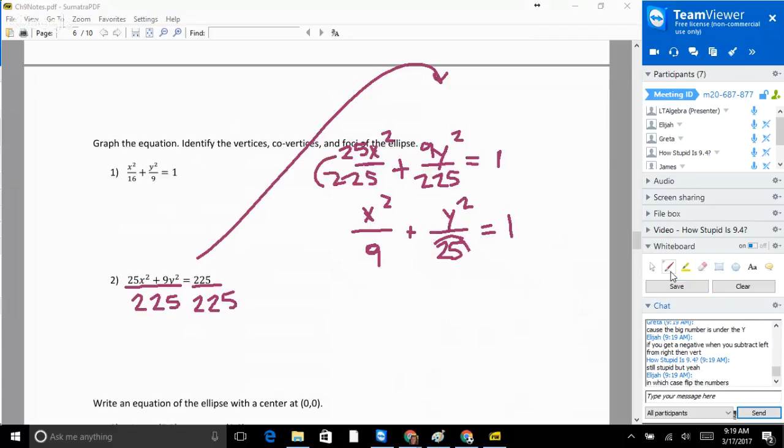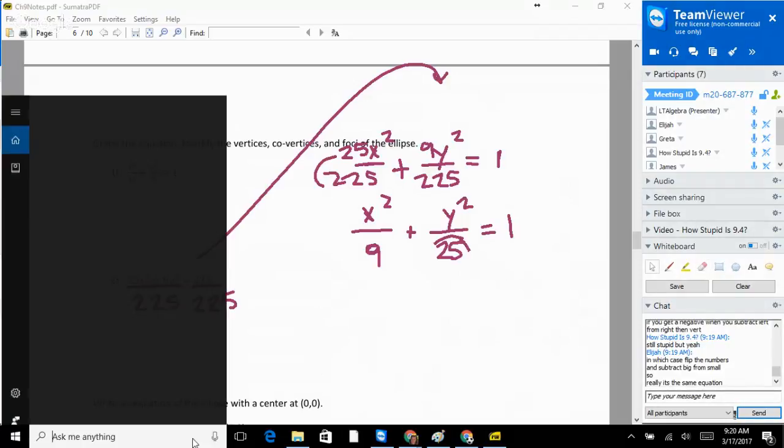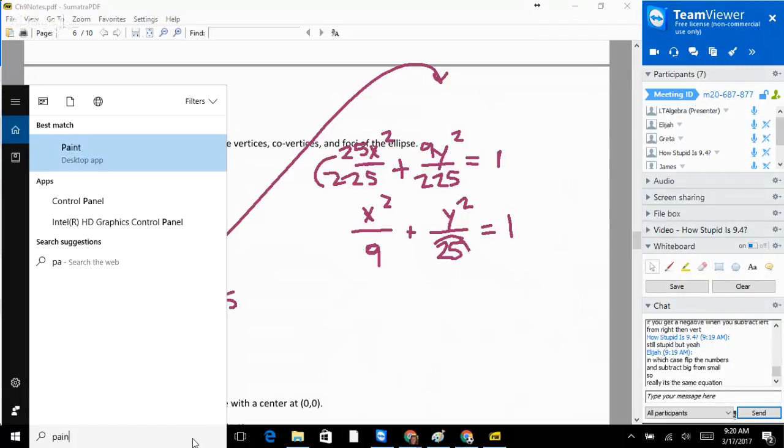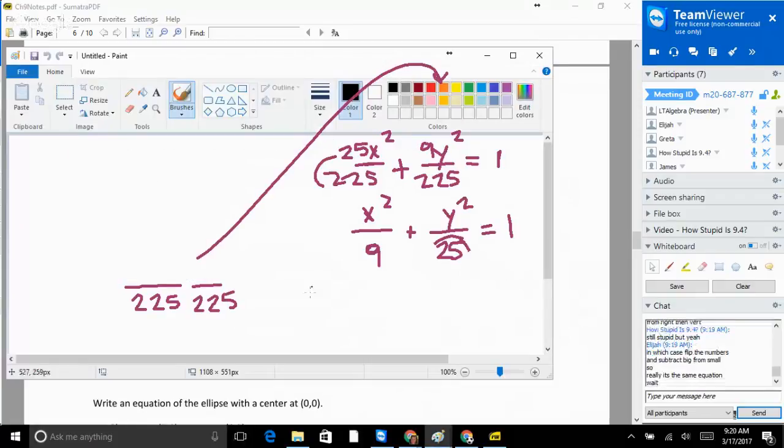Now without even going into Desmos, I should actually be able to graph this really easily, right? I'm going to attempt. That's no. I really should be doing this in Paint. I do much better in Paint than this whiteboarding thing. Here we go, Paint.